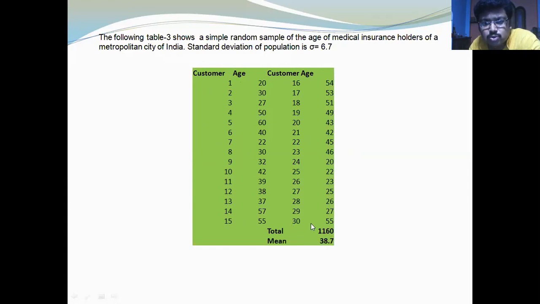The total of the ages of 30 customers is 1160, and the mean is 38.7. So the mean of this sample is 38.7, and we have the information that the population standard deviation is 6.7. On that basis, we try to verify the interval estimation of the population mean.